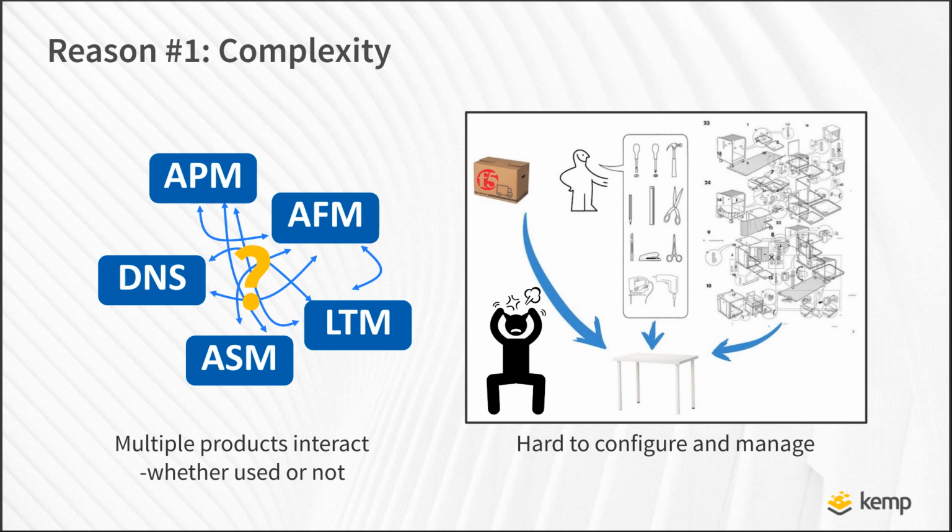The second piece is that it's really hard to configure and manage. Because you have all these modules and the way you have to configure and design the system in terms of configuration and the user interface, it is not easy to do. There are a lot of menu options and different paths that you have to take to do different things. And of course, you have to use iRules for a lot of components.